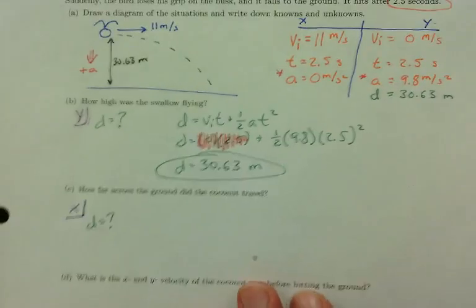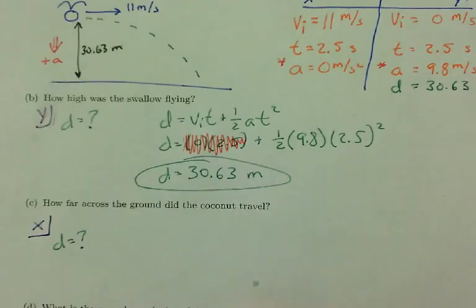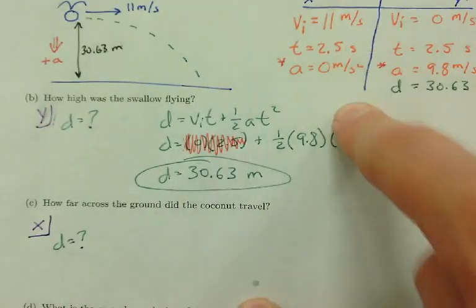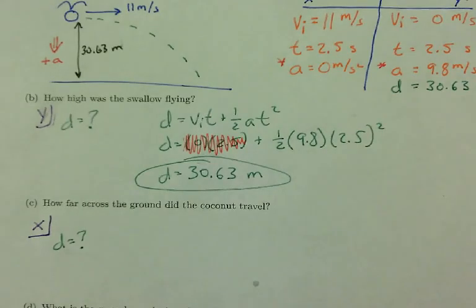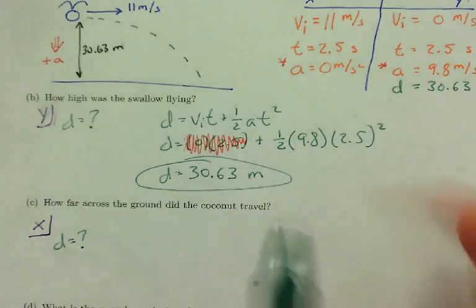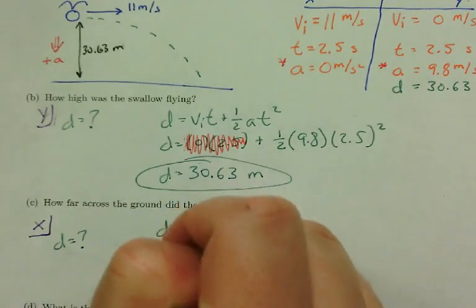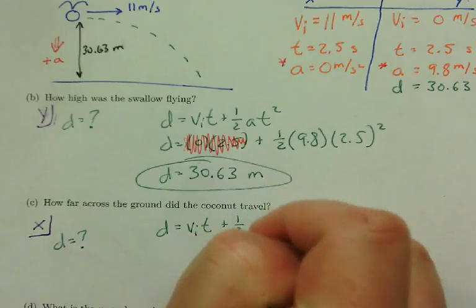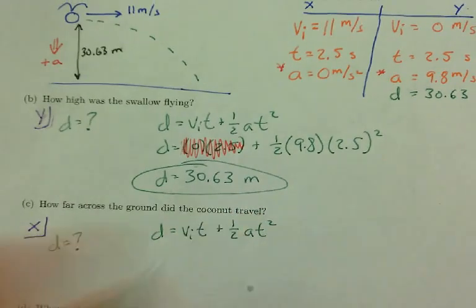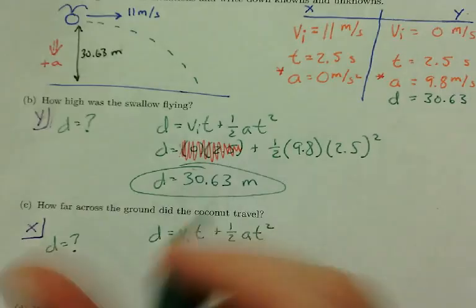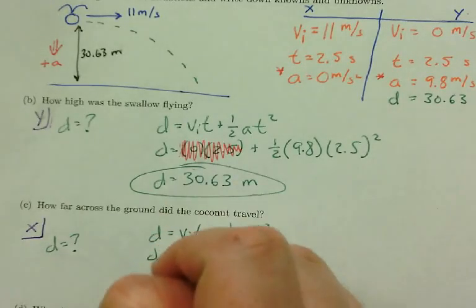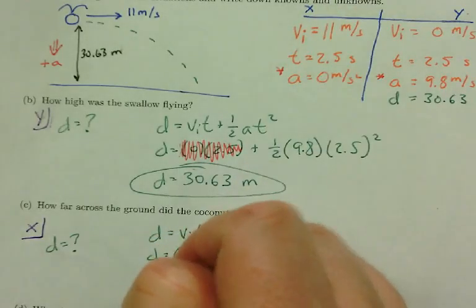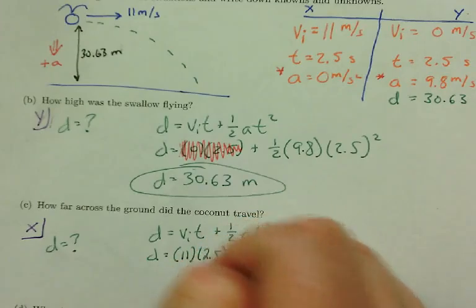So funny enough, if I want to find the X distance with VI, T, and A, if I pick my equation, I'm going to find it's actually the same equation. It's the same equation. I'm just going to plug different numbers into it. So this time I'm plugging in my X numbers. D equals 11 times 2.5 plus 1/2.